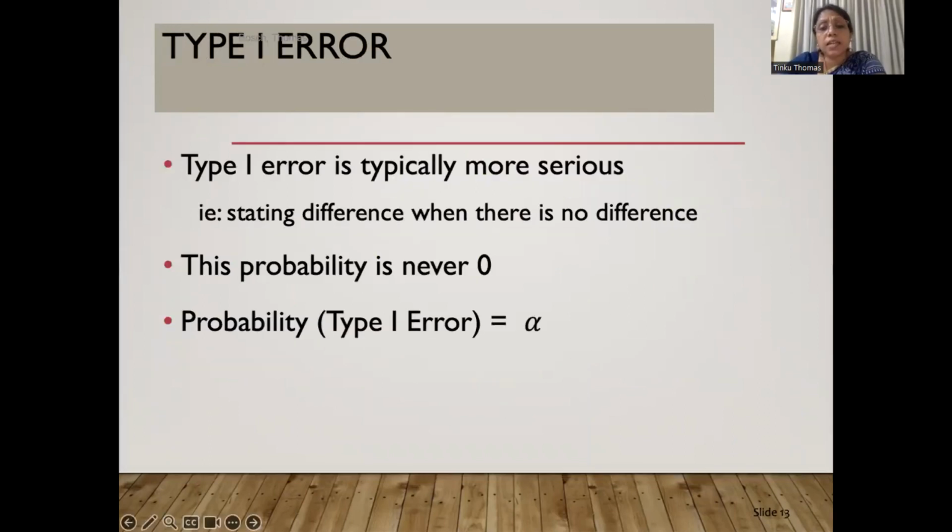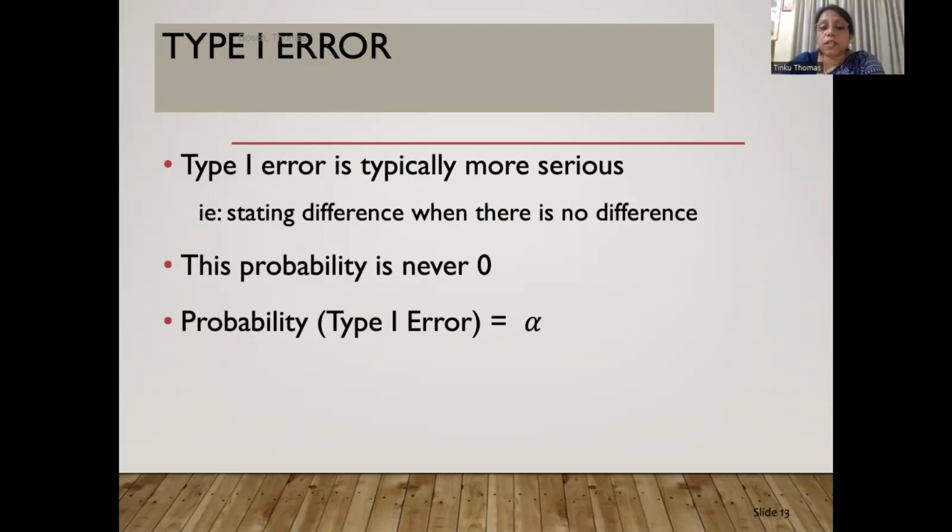Now, as I said earlier, we are testing the null hypothesis and there is a preference for the null hypothesis. The type 1 error is considered more serious. So we will look for maximum evidence to conclude that the null hypothesis is not true. Until and unless we have sufficient evidence to reject the null hypothesis, we will not. So for that, we calculate the probability of the type 1 error.